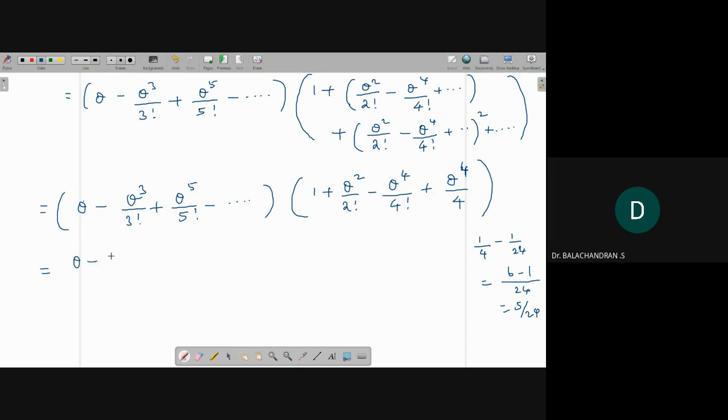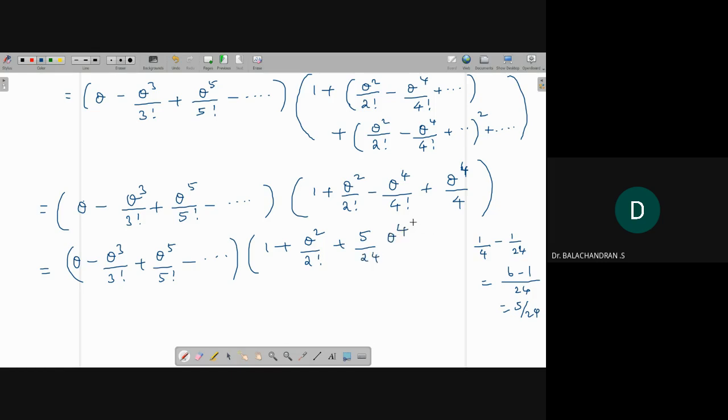So theta minus theta cube by 3 factorial plus theta power 5 by 5 factorial minus and so on, into 1, plus theta square by 2 factorial. If I add these two, you'll get 5 by 24 into theta power 4.